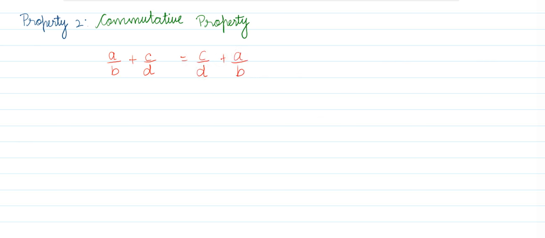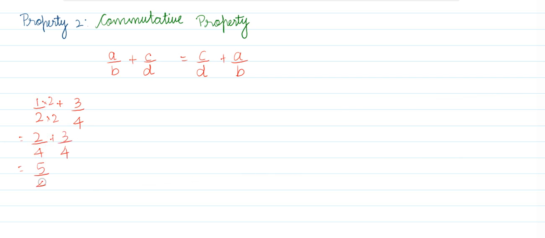So now let's check if this is holding good. 1 by 2 is going to be my a by b and my c by d is equal to 3 by 4. So again, 1 by 2 into 2 is nothing but 2 by 4 plus 3 by 4, which is again equal to 5 by 4.